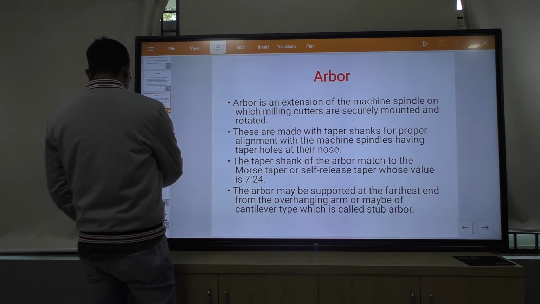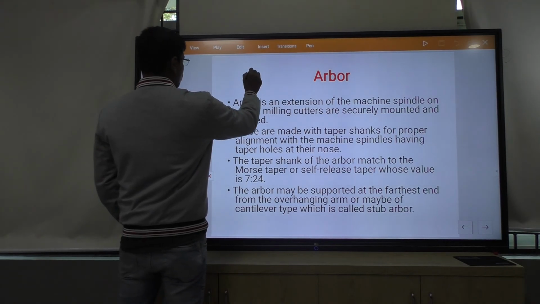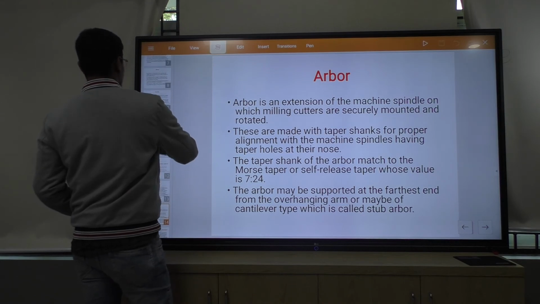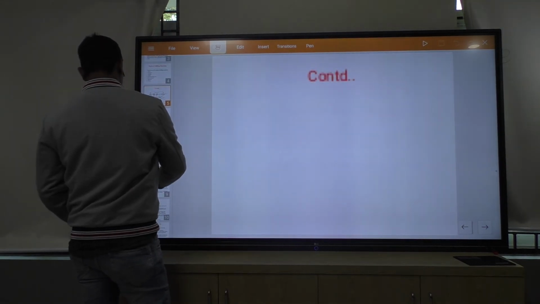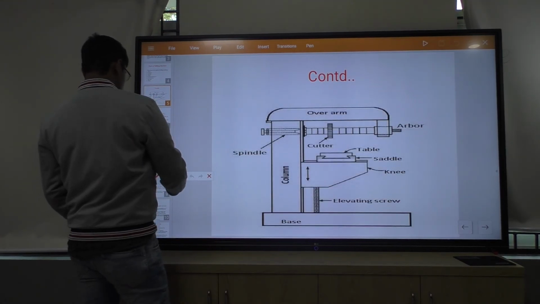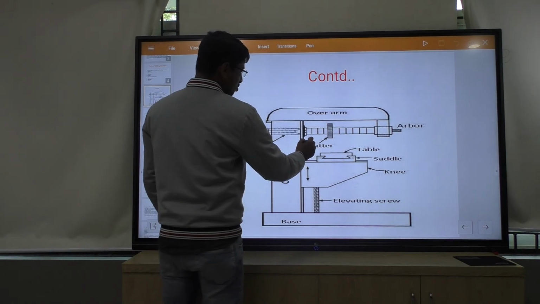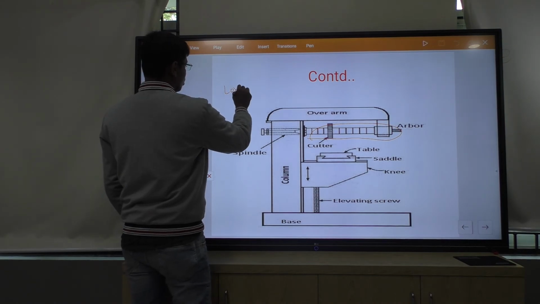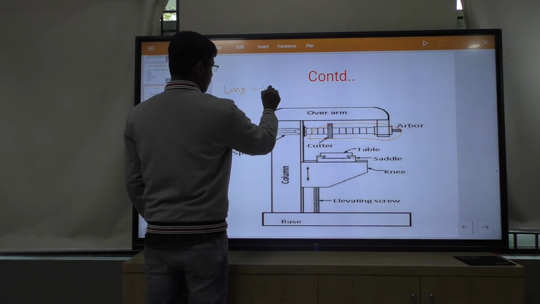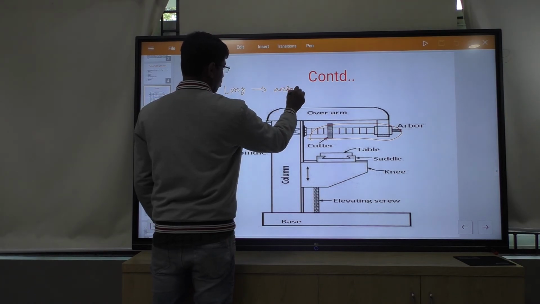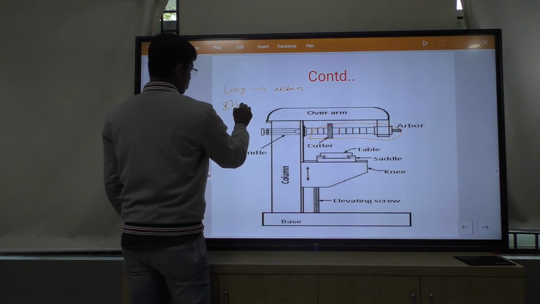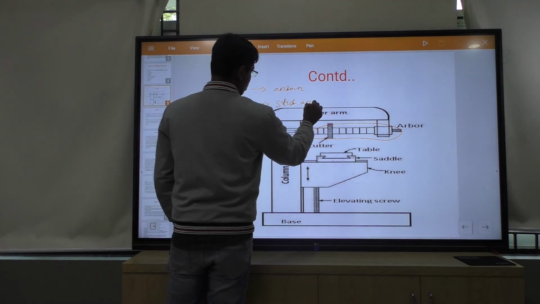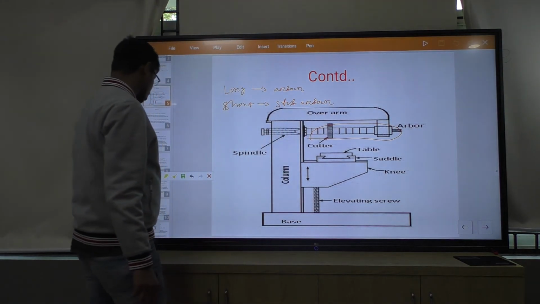Suppose this is the arbor: if the arbor is long, it is called an arbor, but if it is short, this is called a stub arbor.